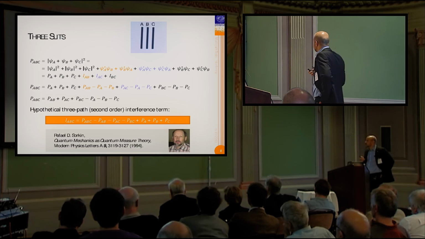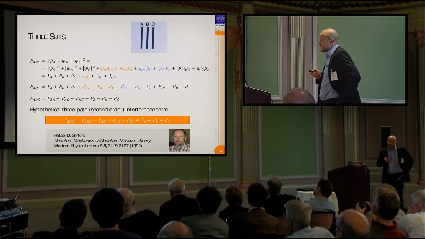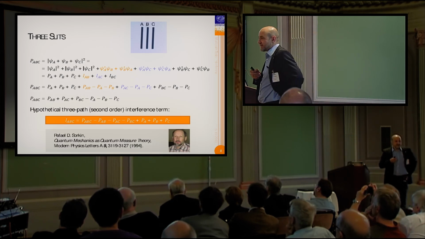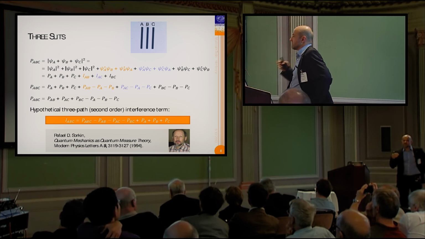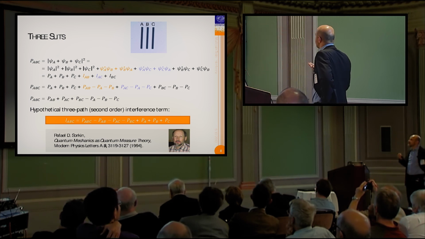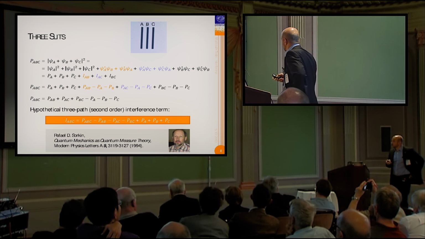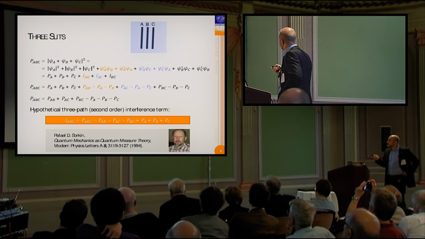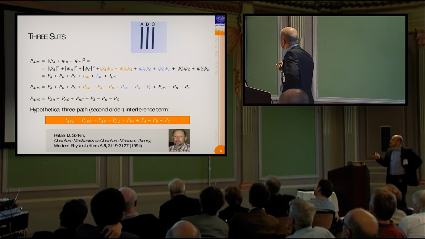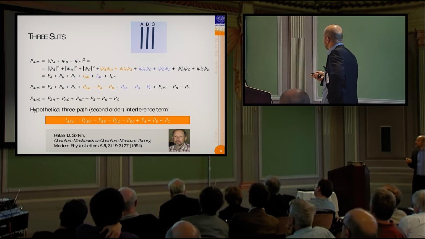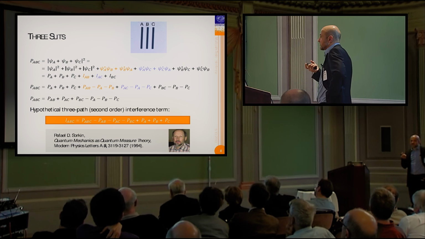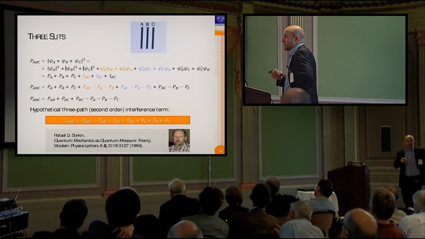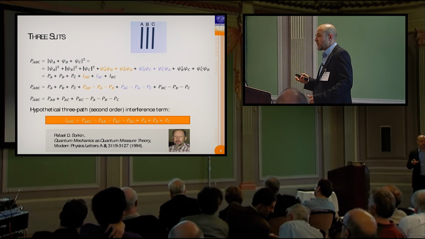If we go to 3 slits, there's also nothing new. And that was something that I will admit I hadn't realized before I actually got into this work at all. And that is that, of course, all interference terms that appear here are bilinear products, and therefore interference occurs in pairs of paths, no matter how many possibilities you have.